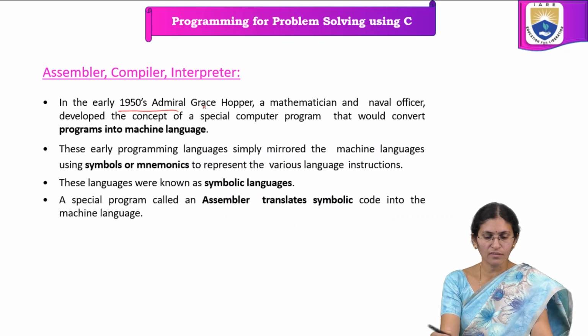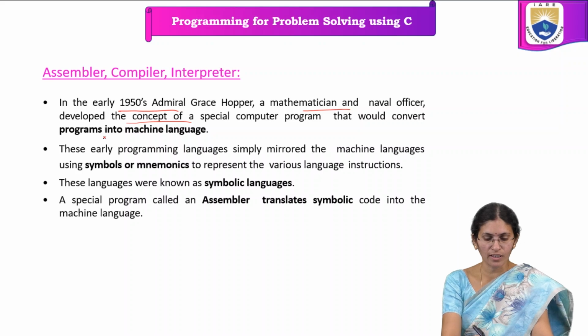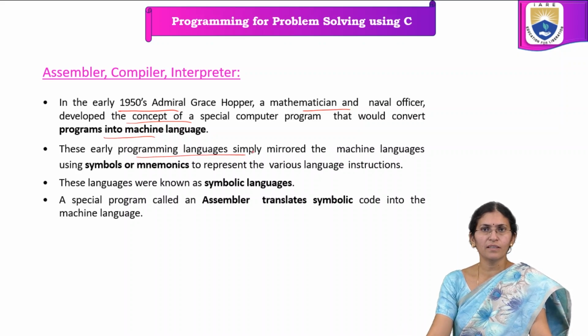In the early 1950s, Admiral Grace Hopper, a famous mathematician and naval officer, developed the concept of a special computer program that converts programs into machine language. These early programming languages simply mirrored machine languages, using symbols or mnemonics to represent the various instructions.